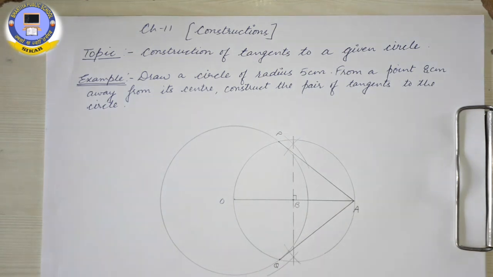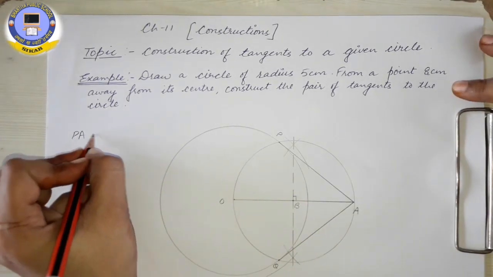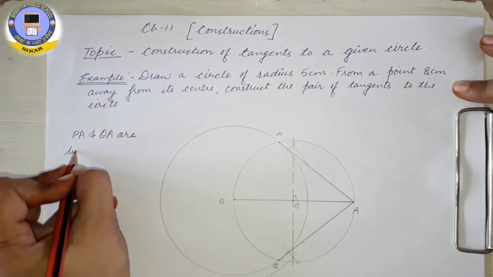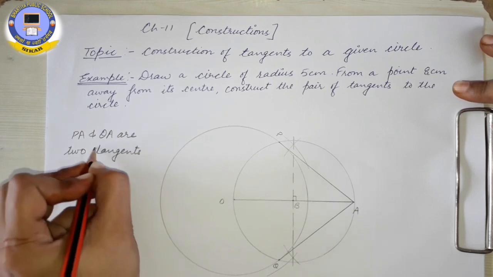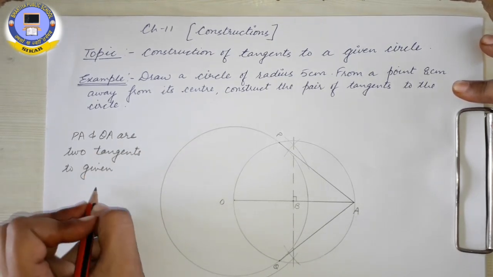So PA and QA are two tangents to the given circle.